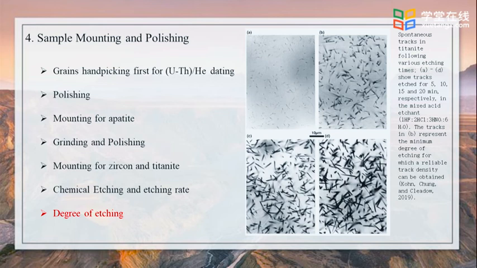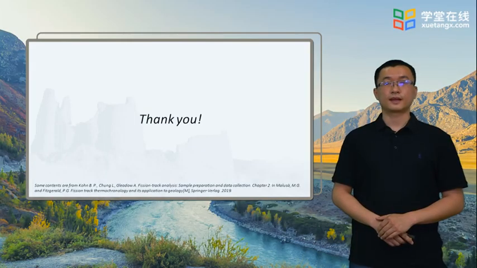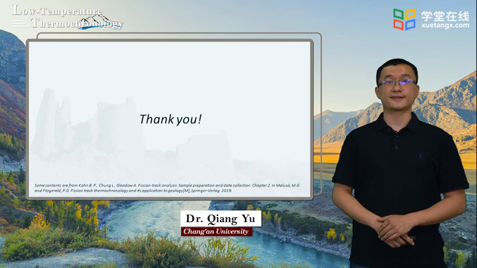The correct etching time in zircon and titanite is highly variable and depends on a variety of factors, especially the general radiation damage level, which is reflected in the track density. In general, the degree of etching should be judged from the appearance of the tracks and not from the application of some standard etching time. That's all for sample preparation for fission track analysis.